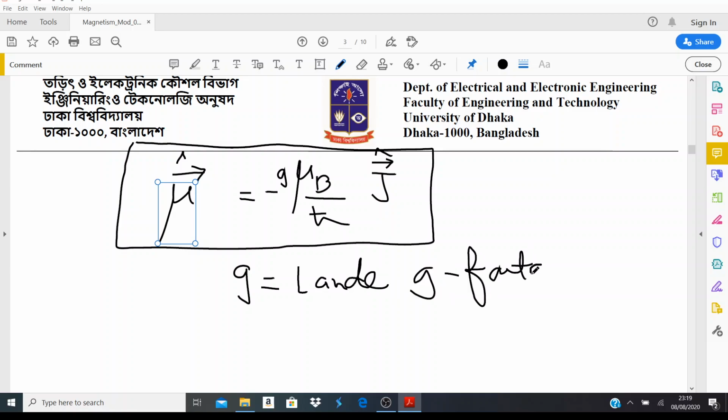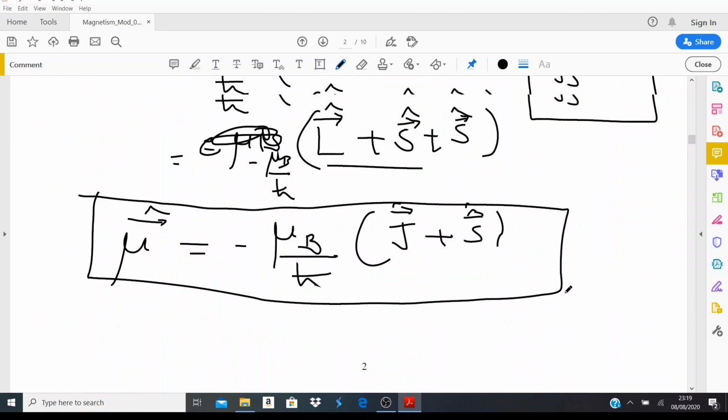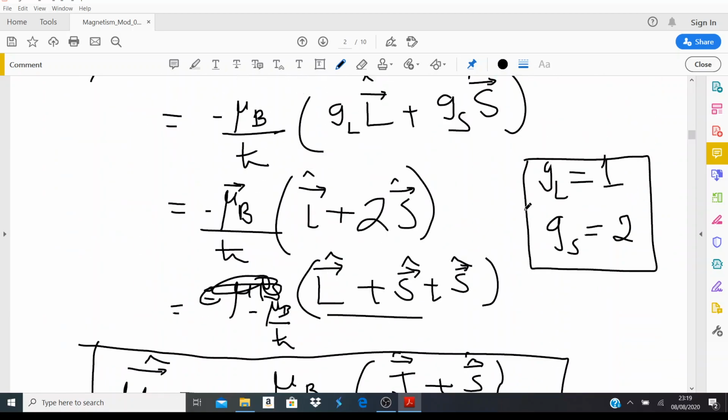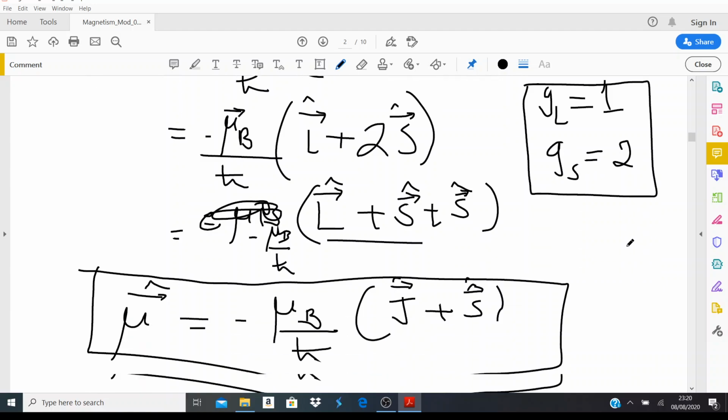So how many g factors have we seen in this lecture? One is the g factor for the orbital angular momentum, g_L, which is 1. One is the g factor due to the spin angular momentum, which has a value of 2.